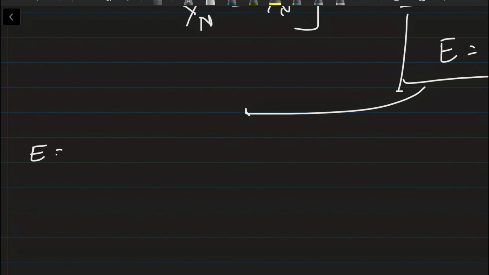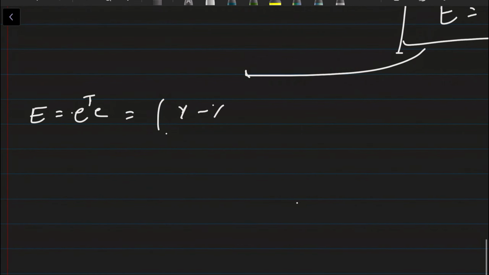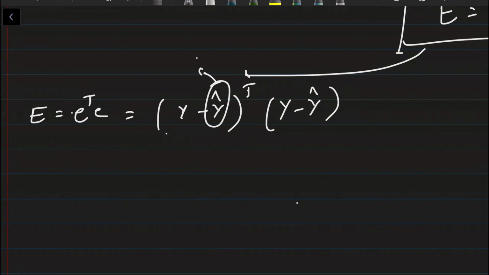E equal to E transpose E. Okay. So it is represented as Y minus Y cap transpose into Y minus Y cap. Okay, so now we know Y cap is X into beta.